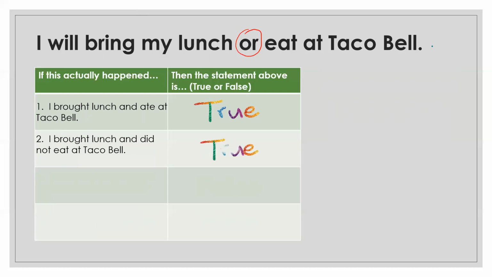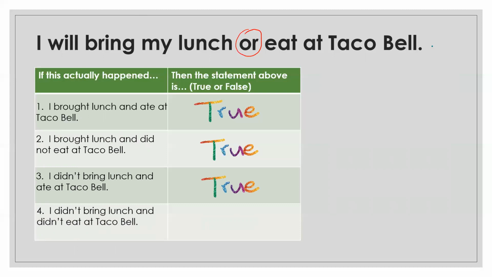Yes, it is. Because it said, I will bring lunch or eat at Taco Bell. Scenario number three. I didn't bring lunch, but I did eat at Taco Bell. So I'm still telling the truth. Scenario number four. I didn't bring lunch and I didn't eat at Taco Bell. The statement that I said is false.